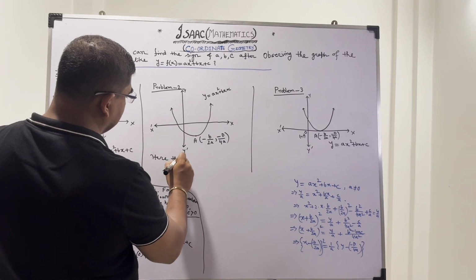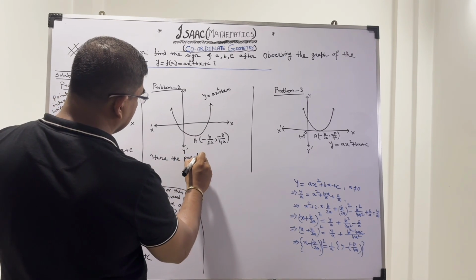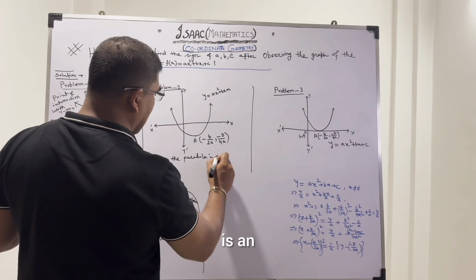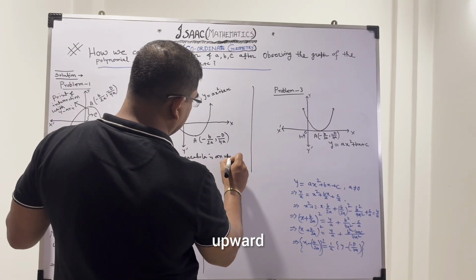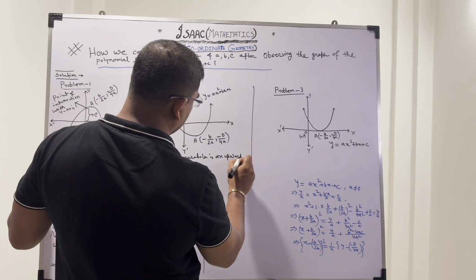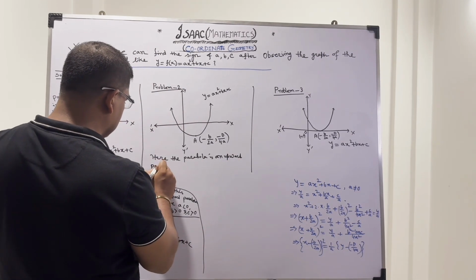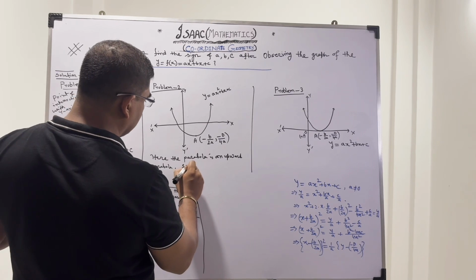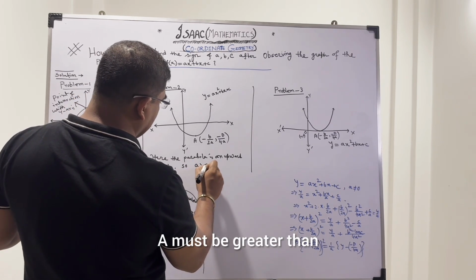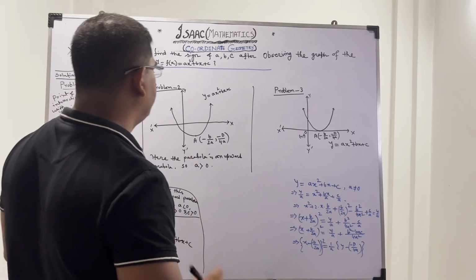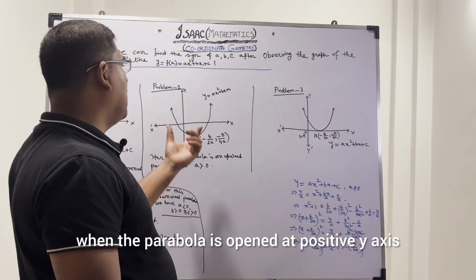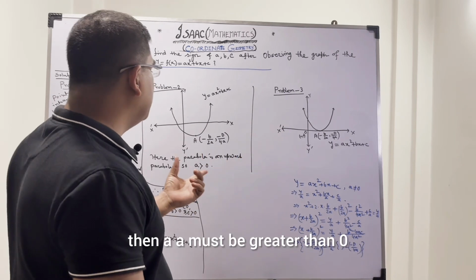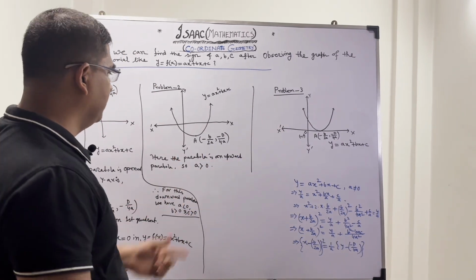Here the parabola is an upward parabola. So a must be greater than 0. Okay. We already know when the parabola is opened at positive y axis, then a must be greater than 0.